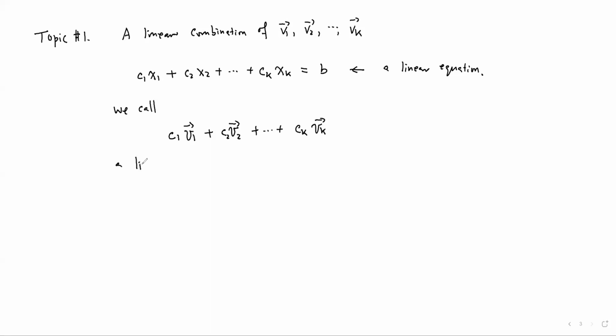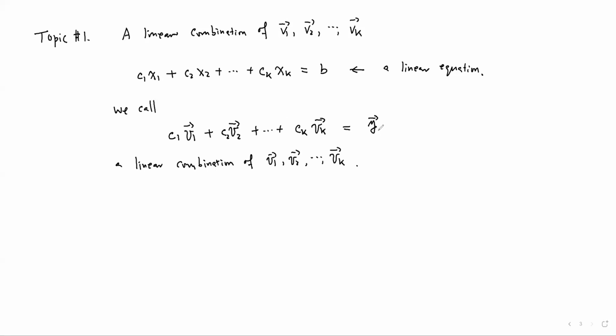a linear combination of these k vectors. The result is a vector, a new vector.